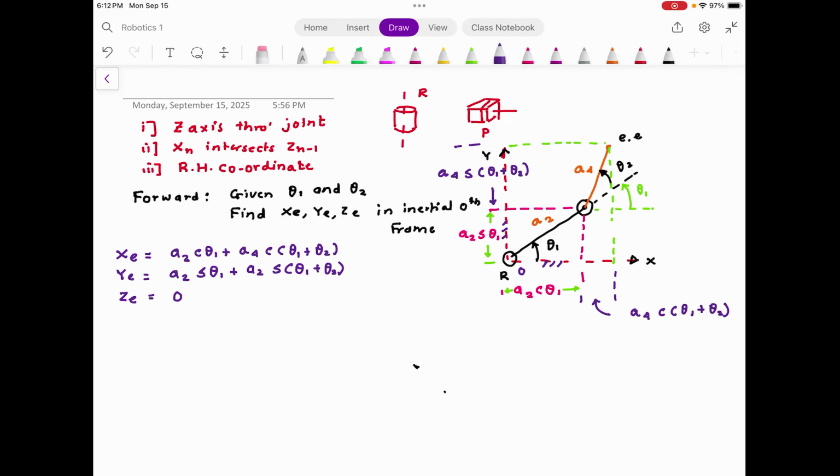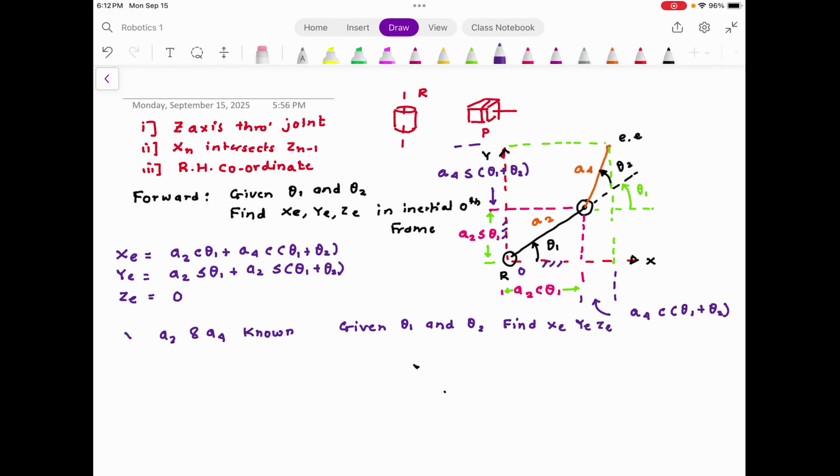Everyone understood this? So what is the forward kinematics problem? The link lengths A2 and A4 are known because they are the robot dimensions. Given theta 1 and theta 2, find XE, YE, and ZE.